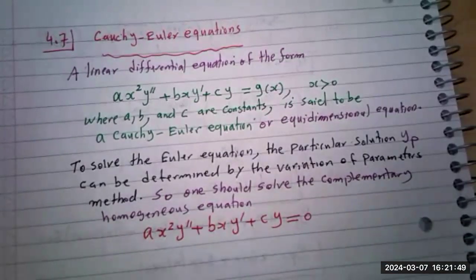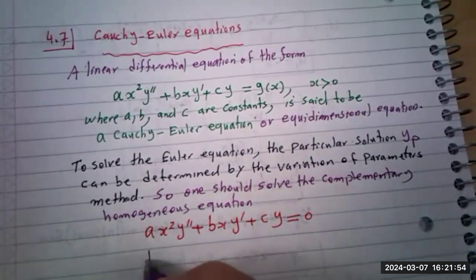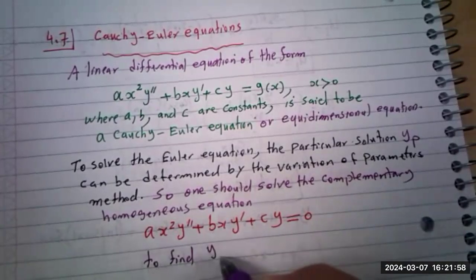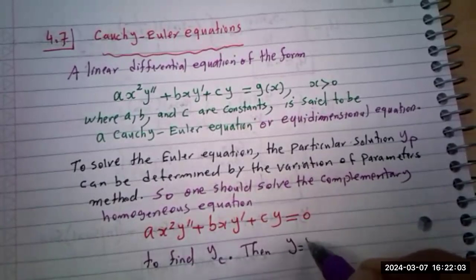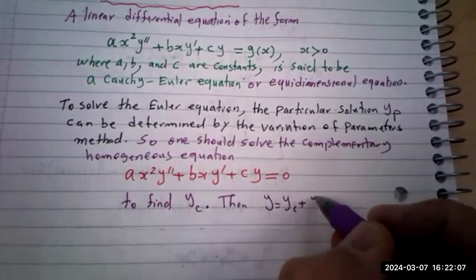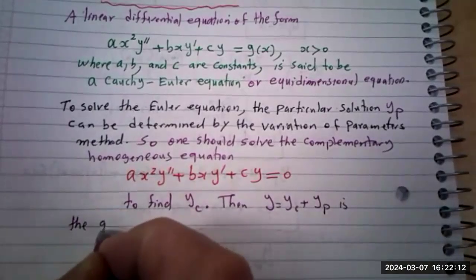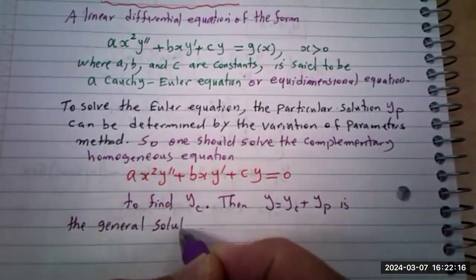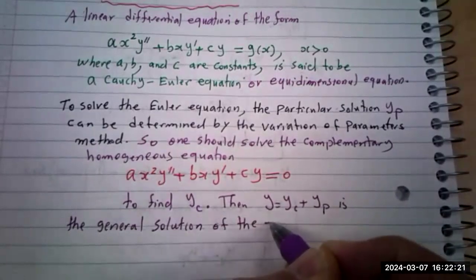We have to solve this one to find YC. If you got it, then y equal to YC plus YP would be the general solution of the equation. So that's the plan.